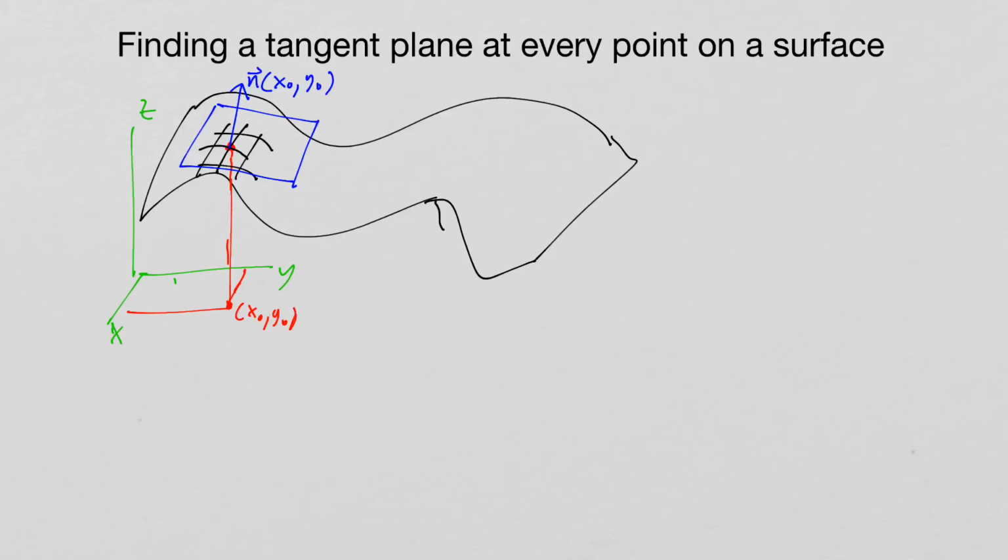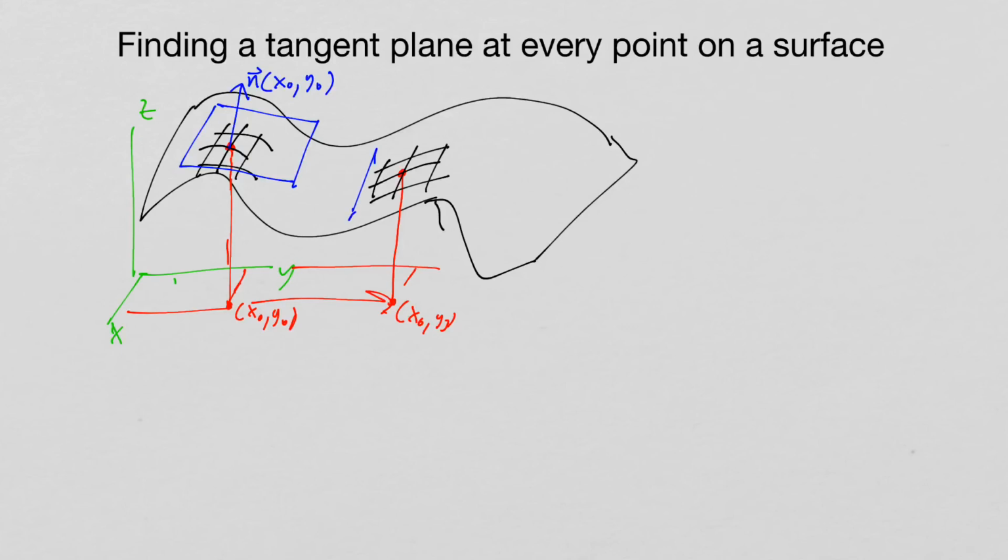Now if I were to go to a new point, let's say I move x naught, y naught over here to this point, there's the surface.